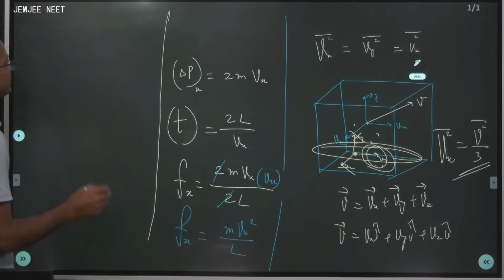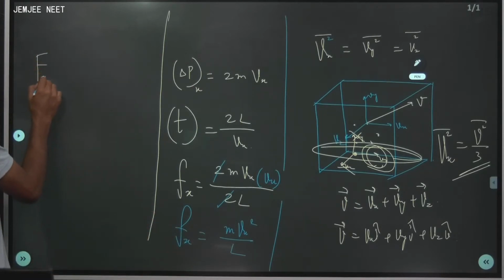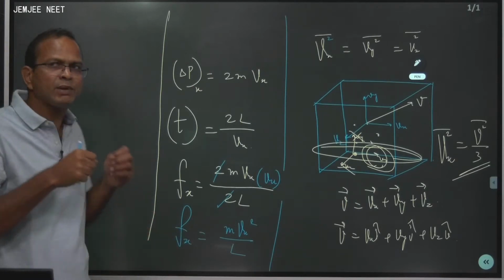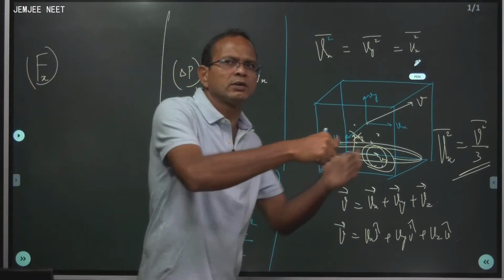How many such molecules are there? The total force along the x-axis comes from molecules going along the x-axis and colliding on the yz plane.